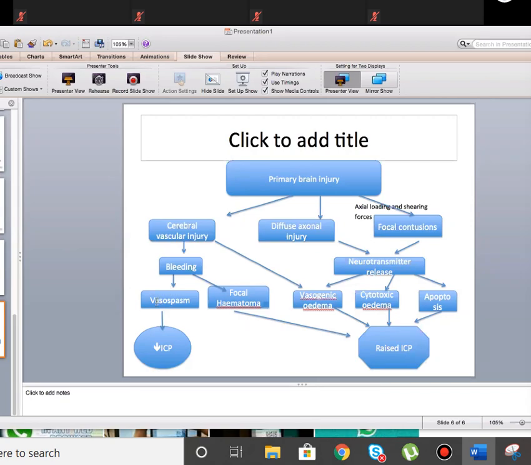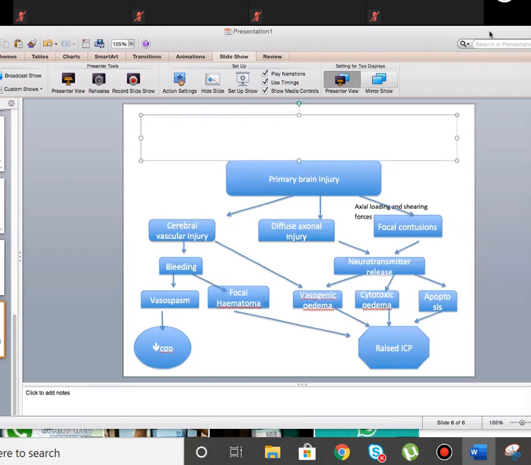Sorry, this is cerebral perfusion pressure, not ICP. So because of the vasospasm, it will decrease the cerebral perfusion pressure, which will ultimately cause cerebral ischemia. Primary brain injury, damage to cerebral blood vessels, will cause bleeding. The blood itself is a highly stimulant for vasospasm. Because of vasospasm, there will be reduction in cerebral perfusion pressure.